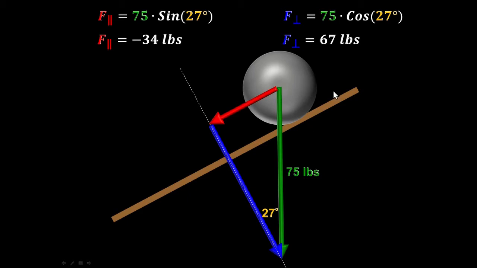All right, so what does that mean? What would happen if a guy's standing there and he's wanting to keep that ball from rolling down the ramp? Well, the ball weighs 75 pounds, but he doesn't have to push with 75 pounds. There's only 34 pounds in this direction, so he just has to push up the ramp with 34 pounds. Now, what does this one mean?